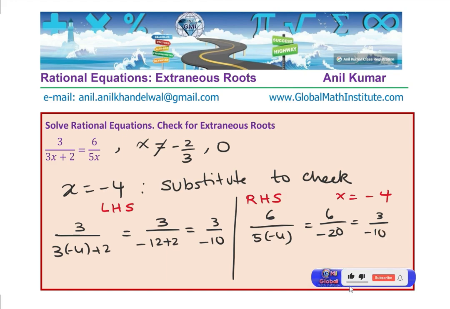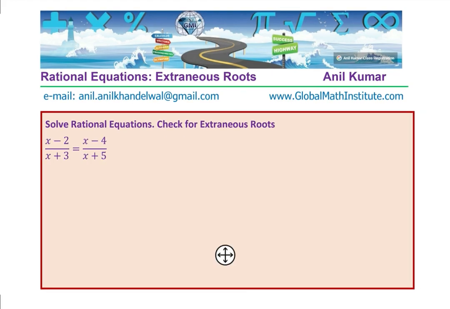So on both the sides, as you can see, we get minus 3 by 10, correct? So which are equal, and therefore it is the correct solution. Is that clear to you? So it's a good idea to check your solutions also, just as we did for the first one. Now let's look into the second question and its solution.